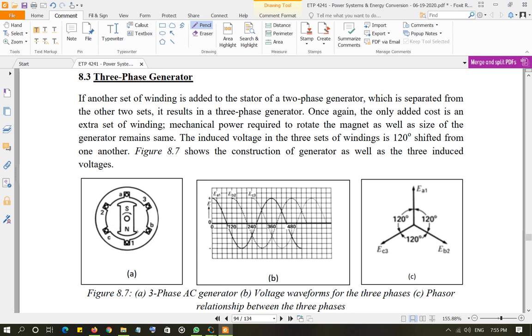You don't have any difference in the mechanical power being input to the generator, because your turbine is the same, and from the same mechanical power you're getting more electrical power just because you introduced one more set of winding. So it is a lot more efficient as far as power output is concerned. You have three waveforms, one for each set of windings, and each phase is 120 degrees apart from each other.